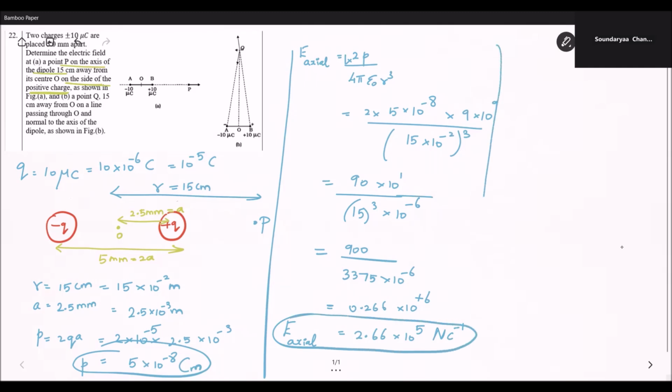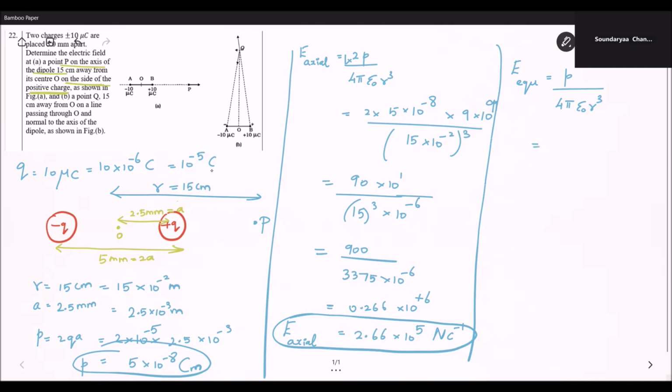And next, they are asking you to calculate the answer on the equatorial line also. See diagram B. Now they have assumed the point on the equatorial line. What is the formula for the electric field due to the equatorial line? It is simply p by 4 pi epsilon naught r cube. You know, axial is 2 times greater than the equatorial.